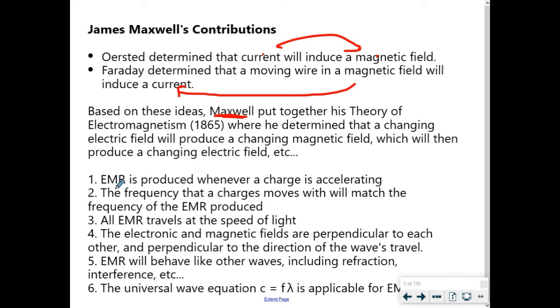You can make electromagnetic radiation whenever you have a charge that is accelerating. As long as you have a moving, accelerating charge, it's going to make EMR. Here's why again. A charge that's accelerating will then make a magnetic field. But we know that a magnetic field with something moving will then make a current, which is basically an electric field. But then the electric field will then remake a magnetic field.